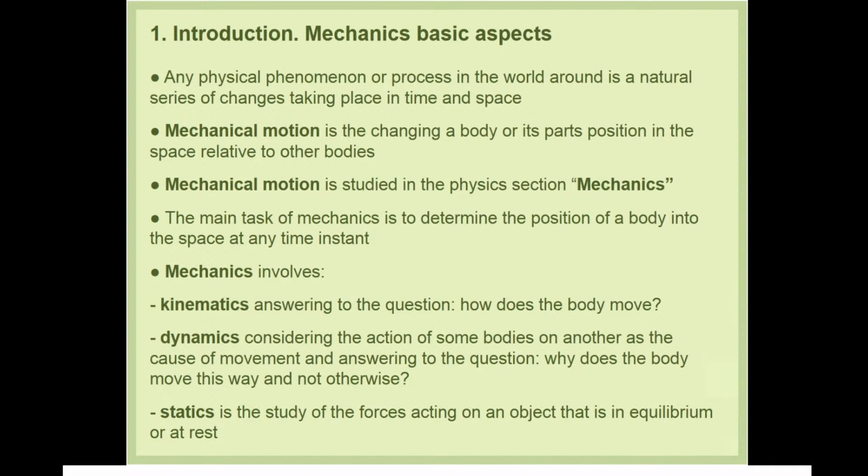Mechanical motion is studied in the physics section that is mechanics. The main task of mechanics is to determine the position of a body in space at any time instant. And let me stress one more time, it is not to describe, but to determine.